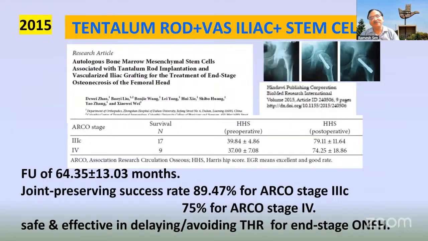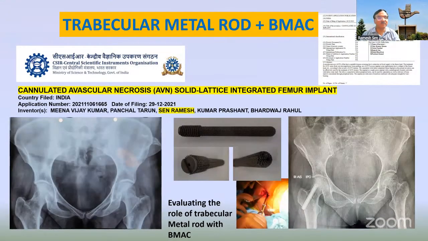Now, in between, I talked about how we were using the tantalum rod also. They were not available in India, but for some projects I have got them in India. And now we have this: whenever there is likely pressure over the femur head, it is likely to break. So we have developed a cannulated solid lattice integrated femur implant, which we can put inside and add stem cells through it, BMAC through it.